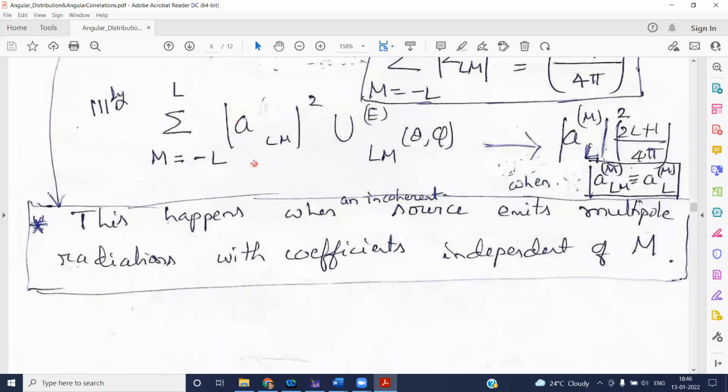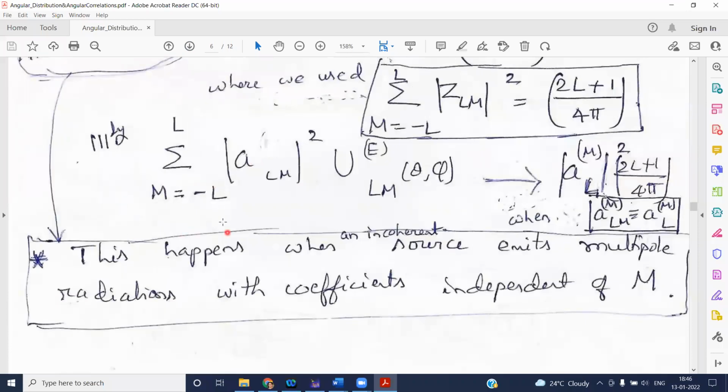Then I get, if I sum over the m values, the magnetic quantum number, which is associated with the multipole value, from m equal to -L to +L, the total to be independent of theta phi. What does that mean?